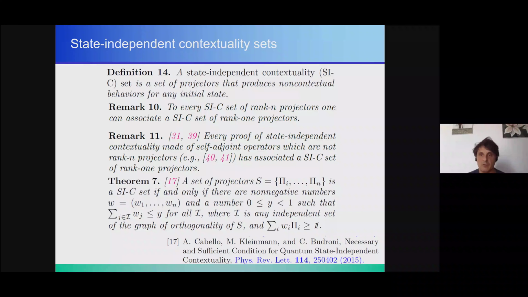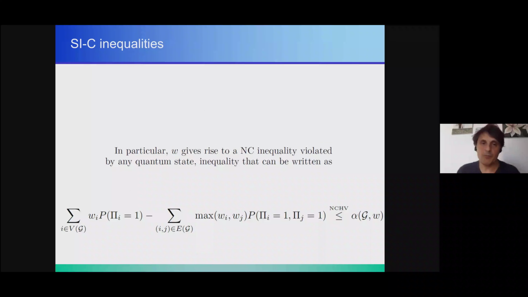So after many years, we have a necessary and sufficient characterization to decide, given a set of projectors, whether or not they can produce state-independent contextuality. And in particular, we can take one of these sets and produce a non-contextuality inequality of the form I presented at the beginning, in which we associate the bound of the inequality to the independence number of the graph of orthogonality of the projectors.